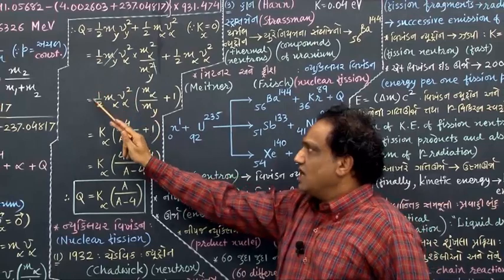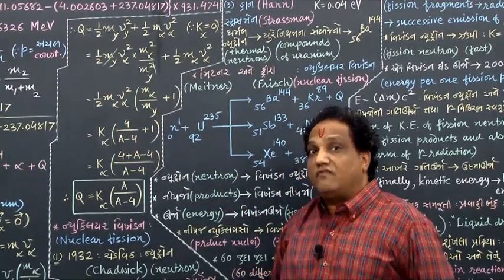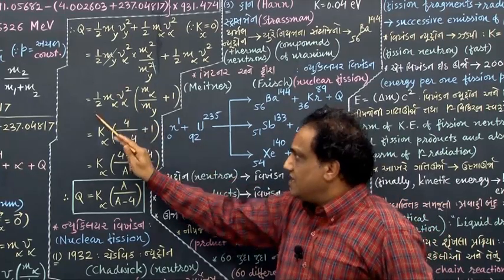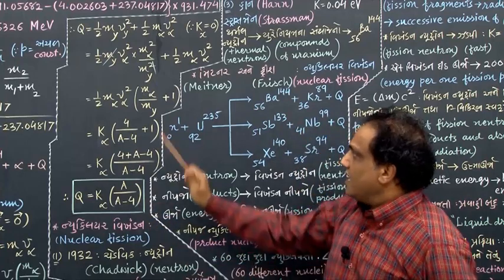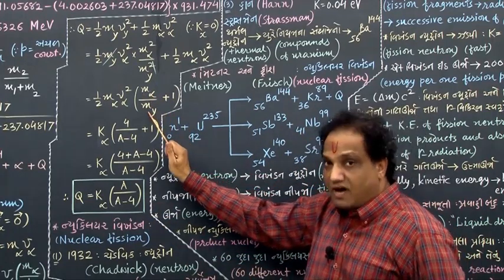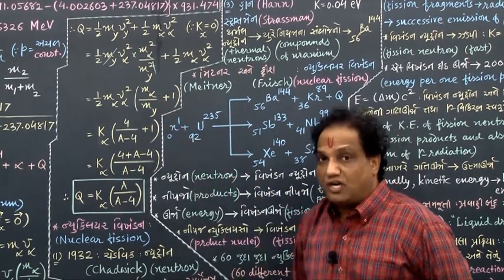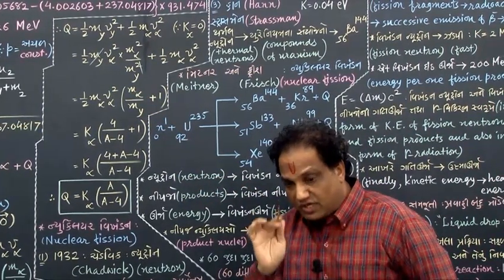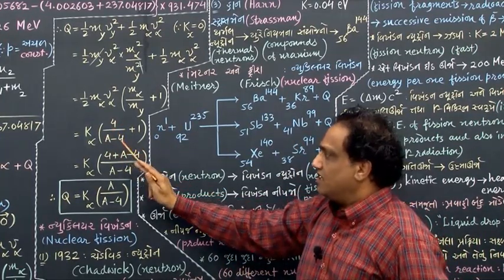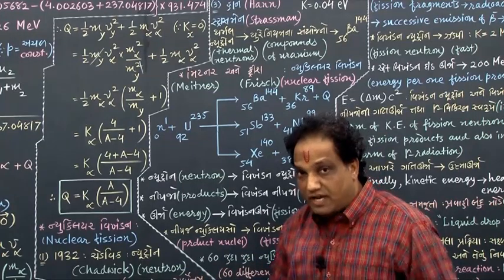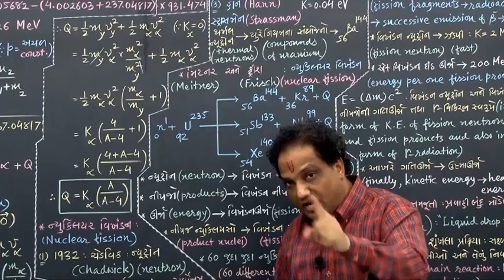But what is this 1 by 2 m alpha v alpha square? It is nothing but kinetic energy of alpha particle. So in place of this, I just write K alpha, correct? Fine. And what is this m alpha upon my? That is ratio of masses of alpha particle and daughter nucleus Y. That ratio is given to you in the statement. It is 4 upon A minus 4. But what is A? It is atomic mass number of parent nucleus.